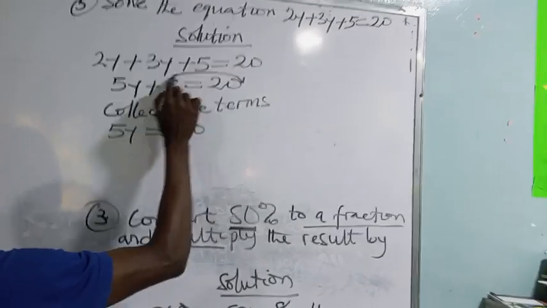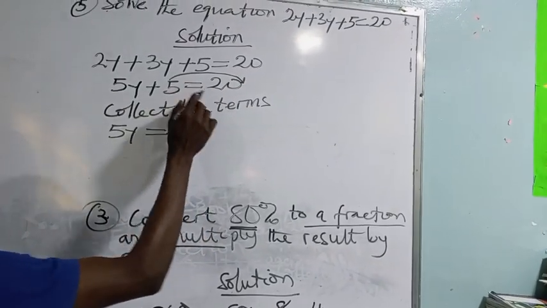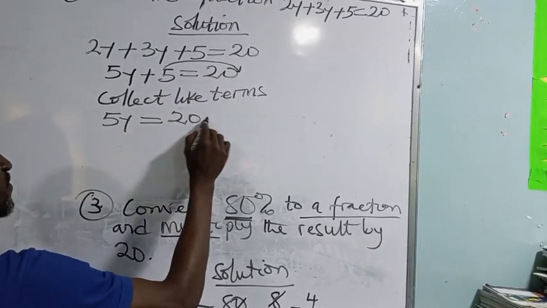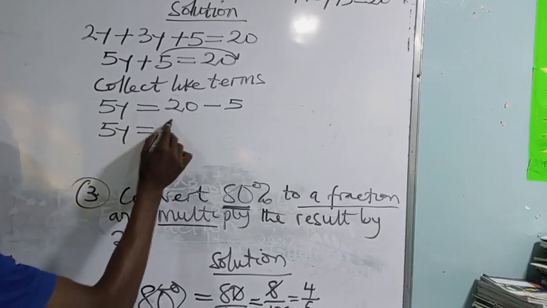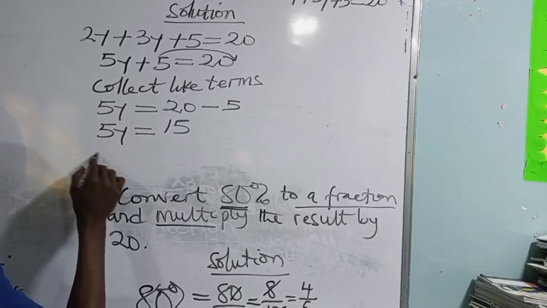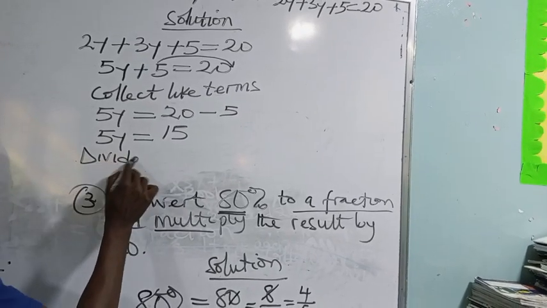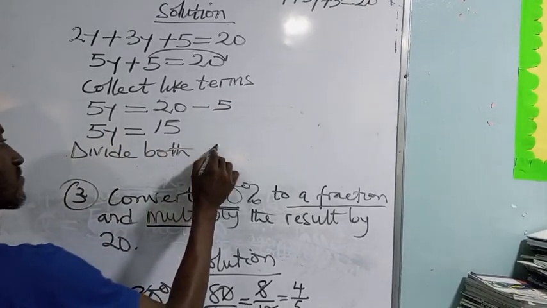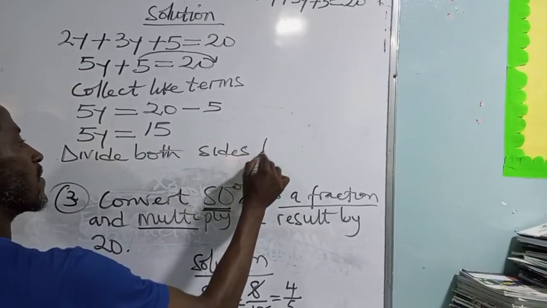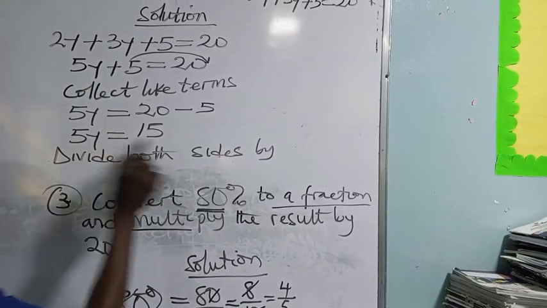It is plus here. When it crosses the equal sign, you change it to minus 5. So you have 5y equal to 15. Then you divide both sides by the coefficient of y, and the coefficient of y here is 5.